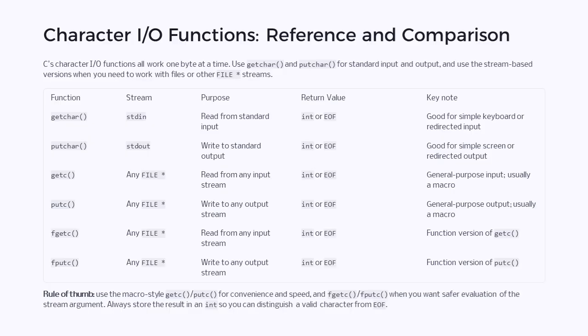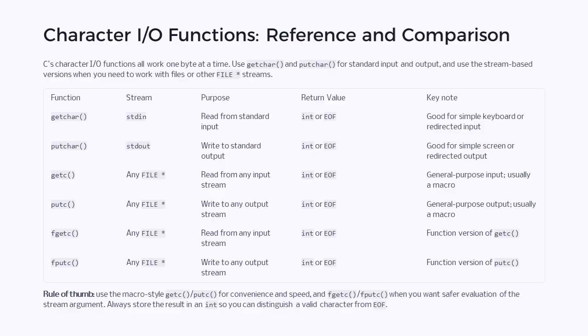Return value int; function version of getc. Next, fputc. Stream is any file. Purpose: write to any output stream. Return value is int, and the key note is function version of putc.